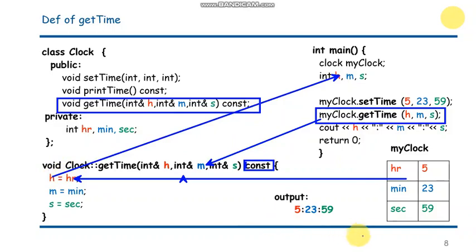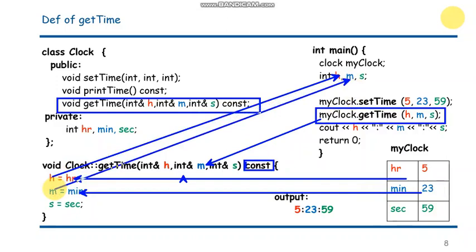You can also see here with main that it will then go into myClock, and then it is going to get 23. And then it is going to put that 23 into M. After that, it is going to go to the object again, and retrieve.